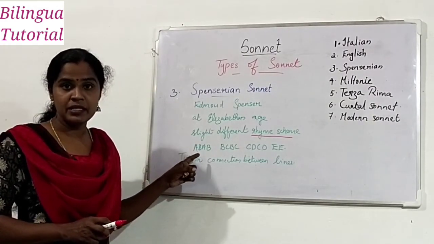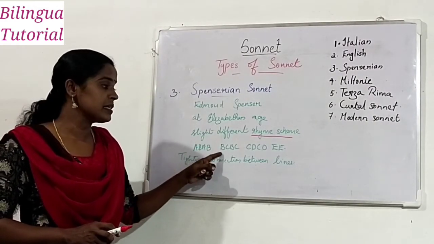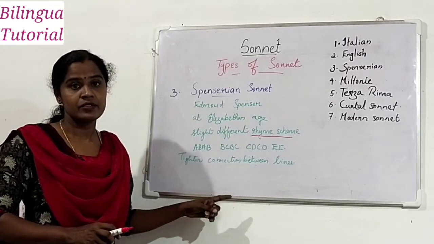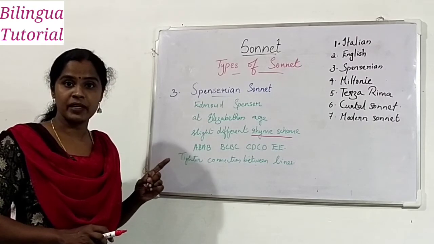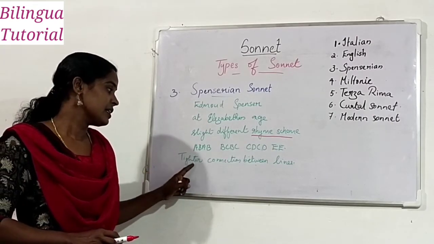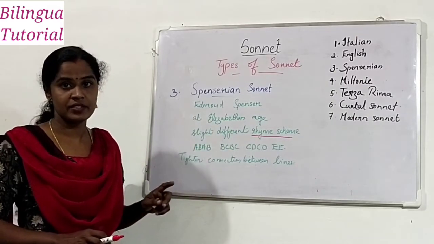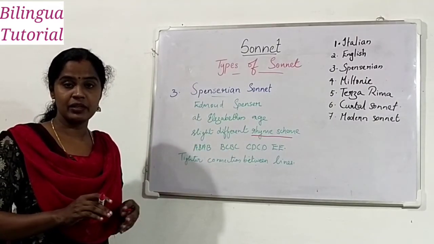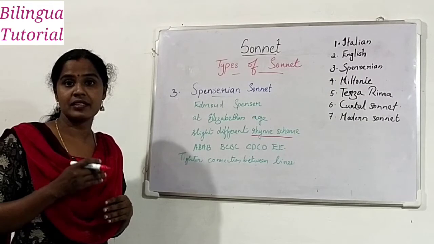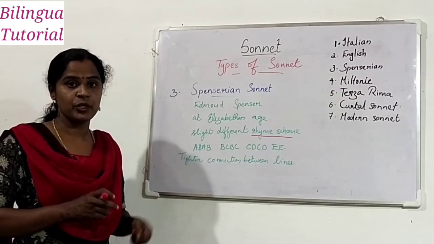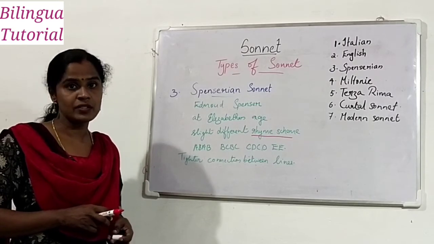The rhyme scheme is AB, AB, BC, BC, CD, CD, EE. So this is the rhyme scheme used by Spenser. Then there is a tighter connection between lines in Spenser's sonnet. We can visualize a tighter relationship between the lines. So these are the peculiarities of the Spenserian sonnet.